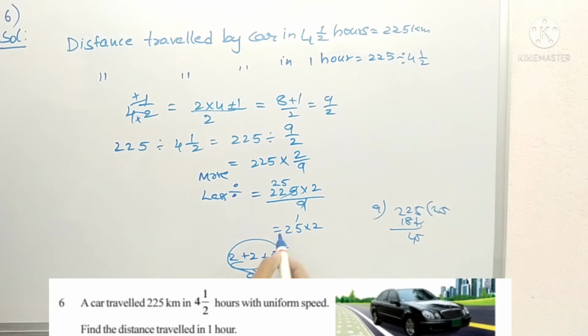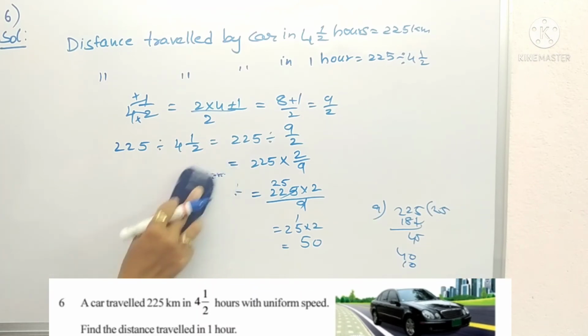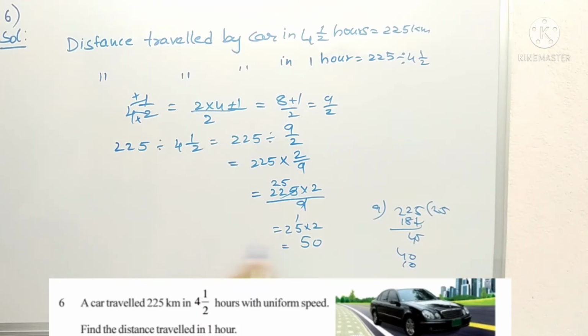You know the 2 table, right? So 2 2s are 4. 20 2s are 40. 5 2s are 10. So this is 50. Okay? Are you getting my point? So you have to be able to do the multiplication in an easy way. So 50. What is this 50?